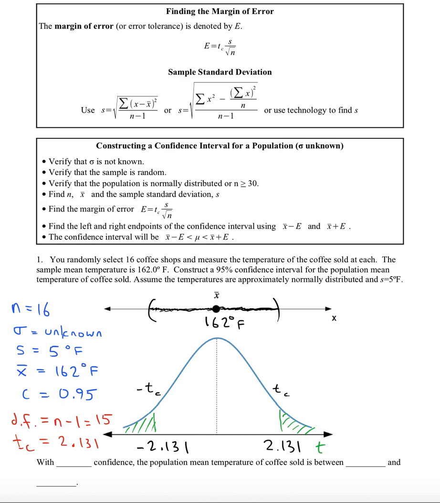And our last job here is to find out what the margin of error is. Now, last video, we had used a formula which used ZC times population standard deviation over the square root of n. In this approach, we're going to have TC times the sample standard deviation divided by the square root of n. That's a major difference here.